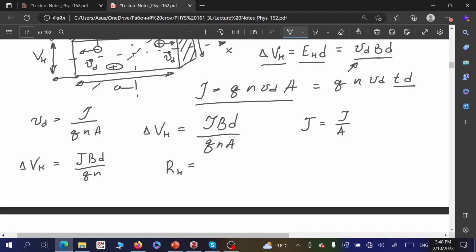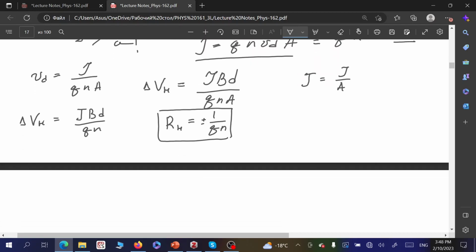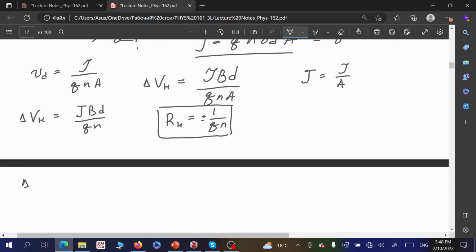R_H is equal to plus minus 1 over Q N. Plus minus because it could be positive or negative charge. So we introduce the new parameter, the Hall coefficient, and we can express delta V_H is equal to J times B times D times R_H.